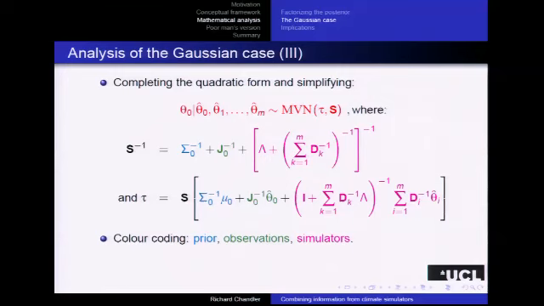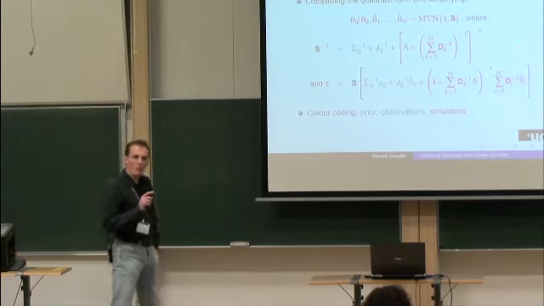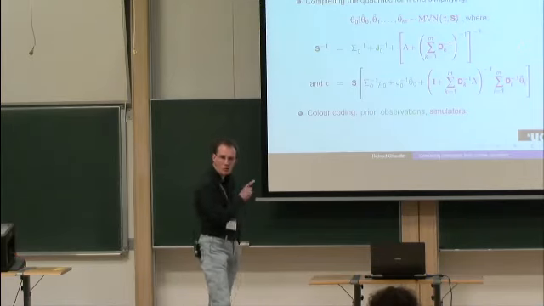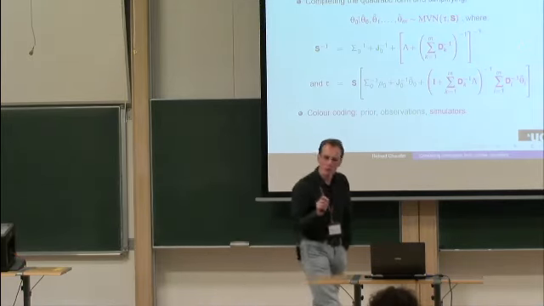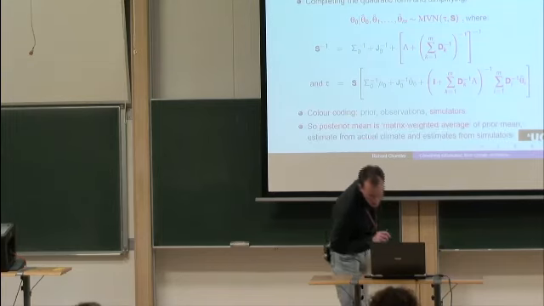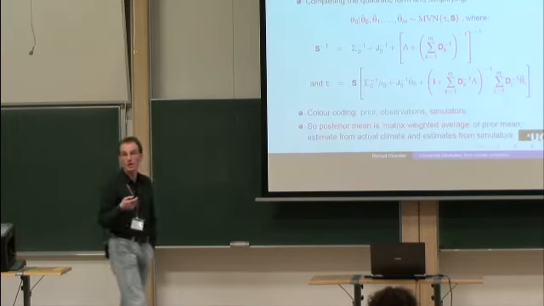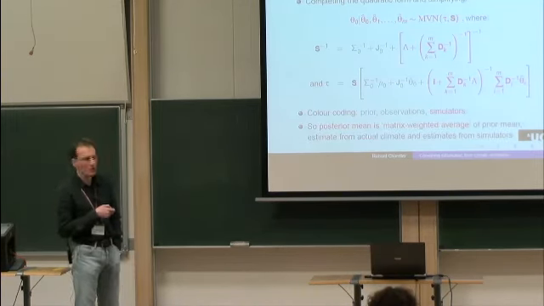They're nasty, but they're easy to program in R or MATLAB or anything like that. The bits of them come from the prior, the observations, and the climate simulations. And we can look at those expressions and learn an awful lot about how to interpret the results of a multi-model ensemble.